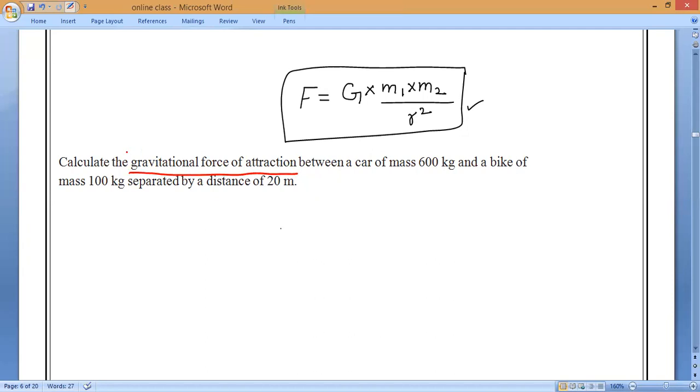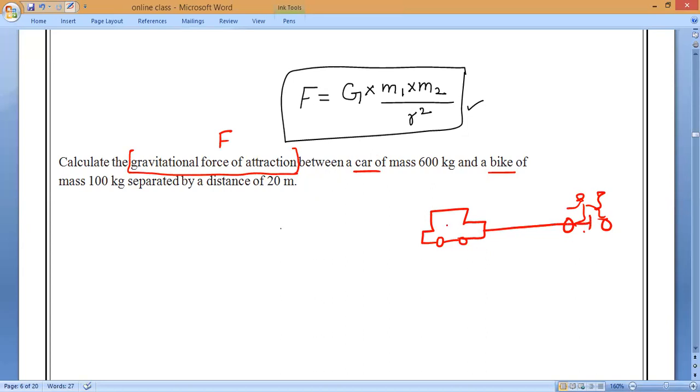Gravitational force of attraction means, what is the symbol we have given for this? F. Understand? And they are giving two objects. One is a car, another one is a bike.